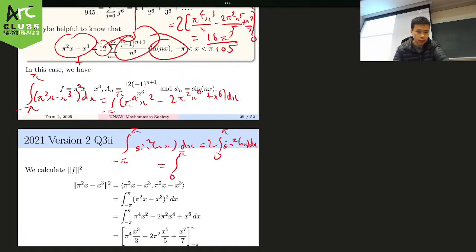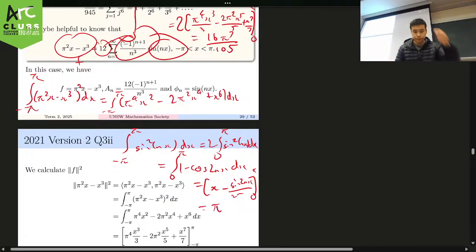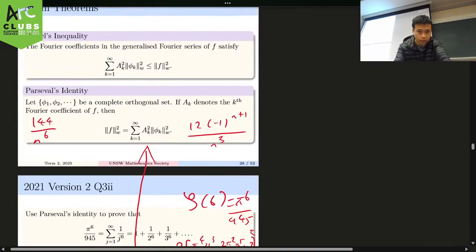So I believe it's 0 to pi, 1 minus, I believe, so if the signs are different, then we have this: x minus sine 2nx on 2n, from 0 to pi. The sines will go away, it's fine. But then what you have remaining is just the pi from the x. So that is going to be the result of our norm essentially.